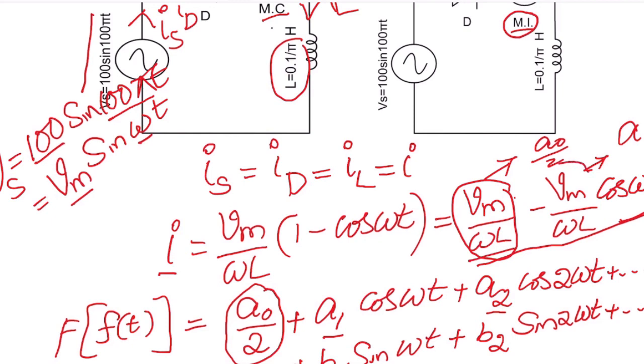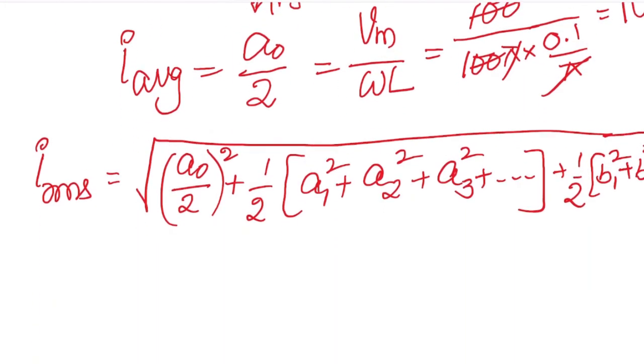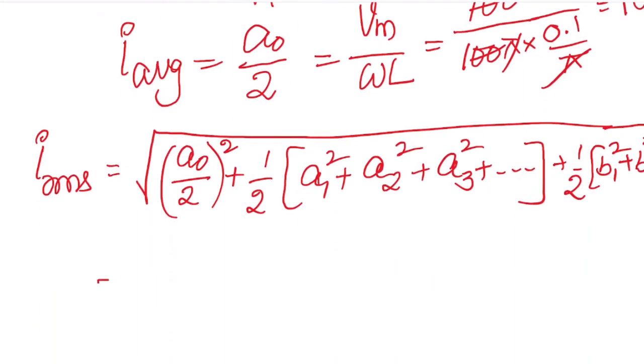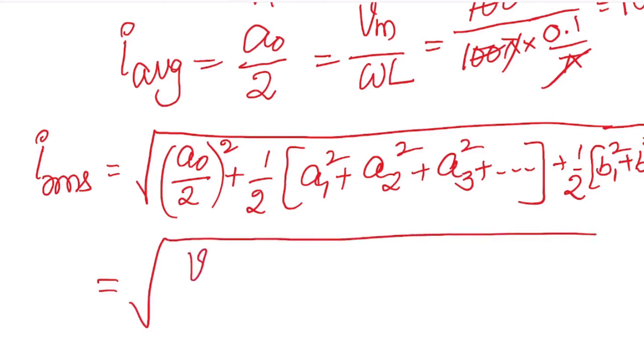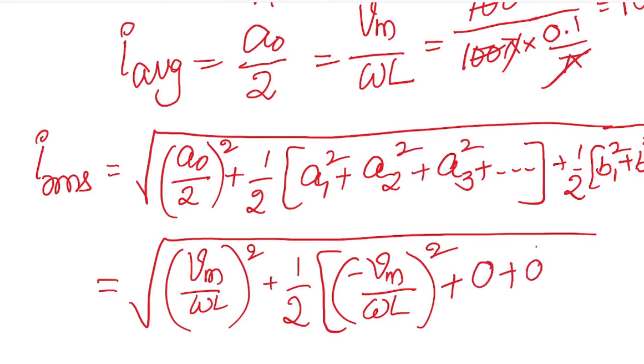So if I take only A naught by 2 and A1, then the RMS value is equal to the square root of (Vm by omega L) whole square plus half of (Vm by omega L) whole square, plus A2, A3, B1, B2, all of which are 0.